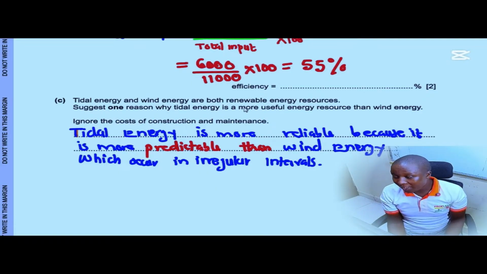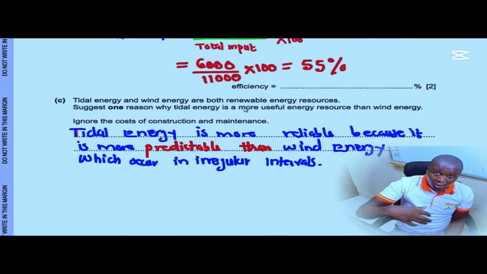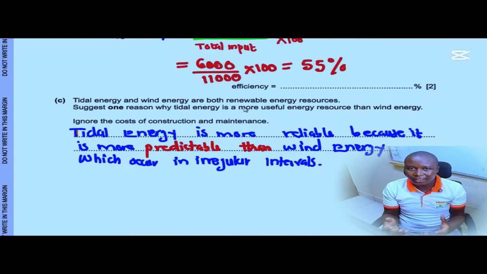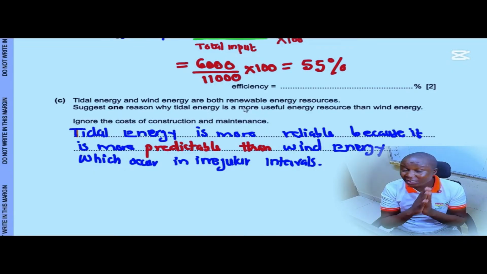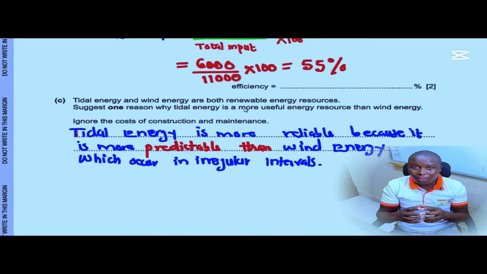So you need to be very careful reviewing all the areas, so that when it comes to the main exams, you are able to reproduce the concepts and apply them in paper 4, right? So, suggest one reason why tidal energy is more useful than wind energy. Remember, wind energy is not reliable because it's quite unpredictable.